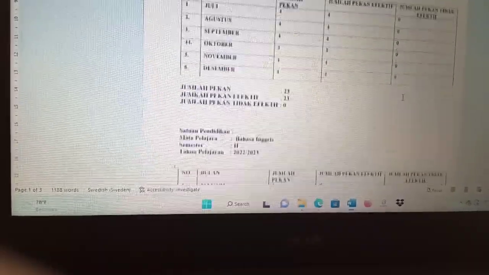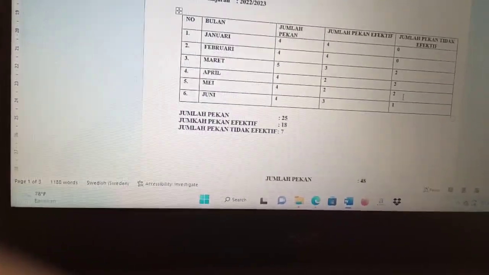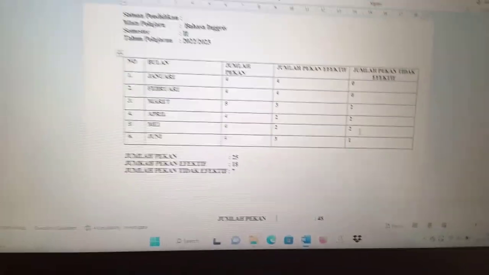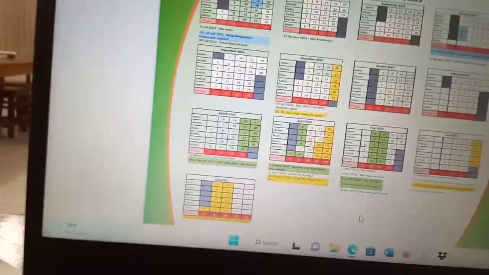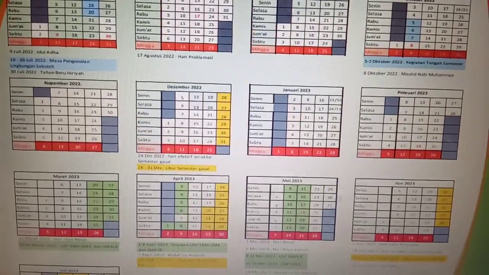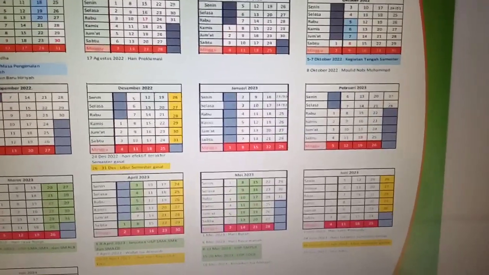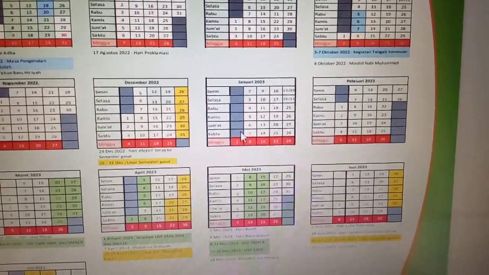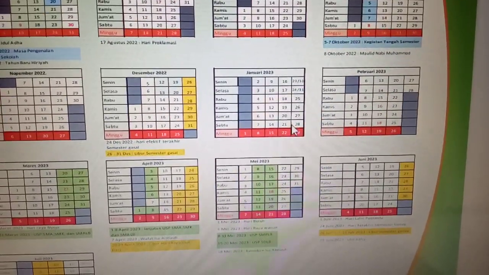And now let us go to the second semester. The second semester starts from the month of January. Let us see the calendar. Okay, here. The month of January, there are 4 weeks. 1, 2, 3, 4.